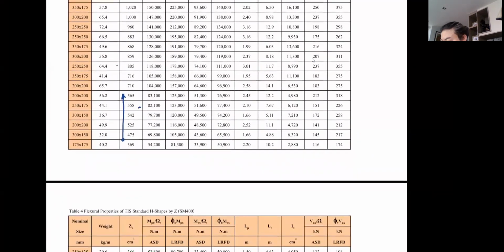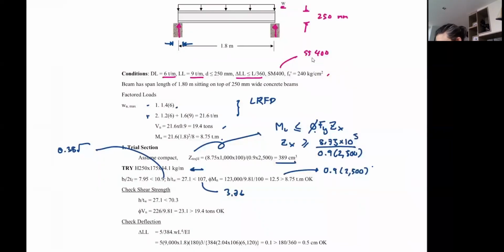Then divided by 10 to the power 5. You get this number, which is greater than our required moment. That is okay. That is done and over with for the bending moment.